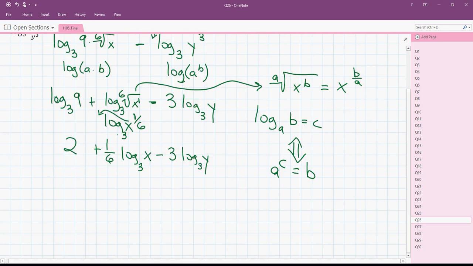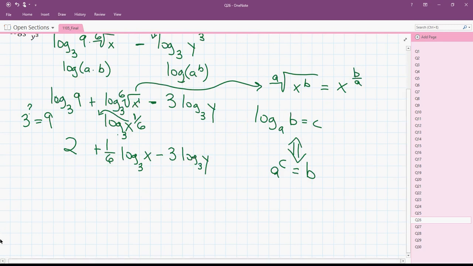So what log base 3 of 9 is saying is 3 raised to what power is equal to 9? So we have this question. 3 raised to what power is equal to 9? And we know since 3 squared is equal to 9, that we could resolve that as just 2.